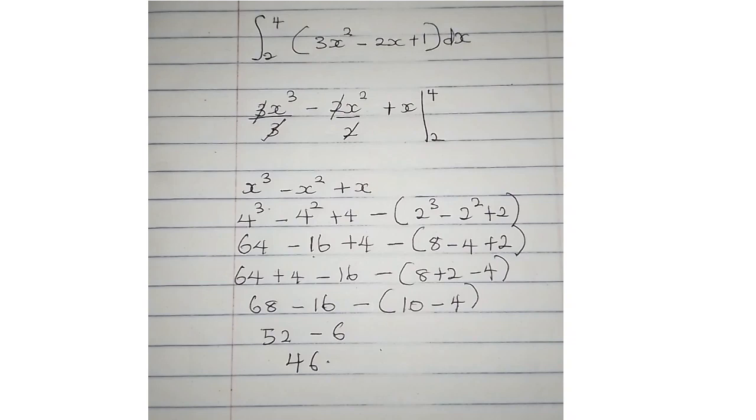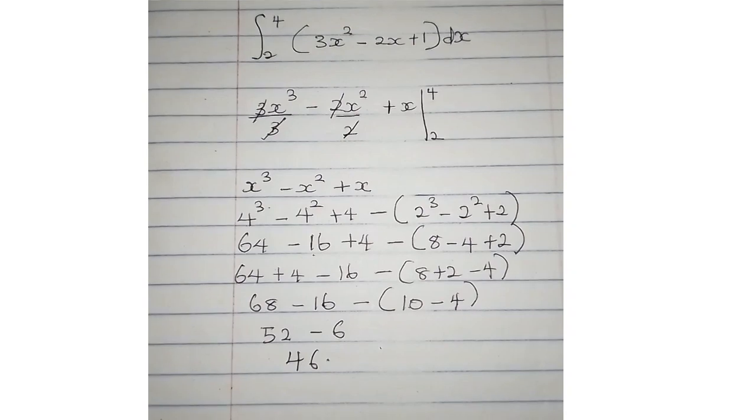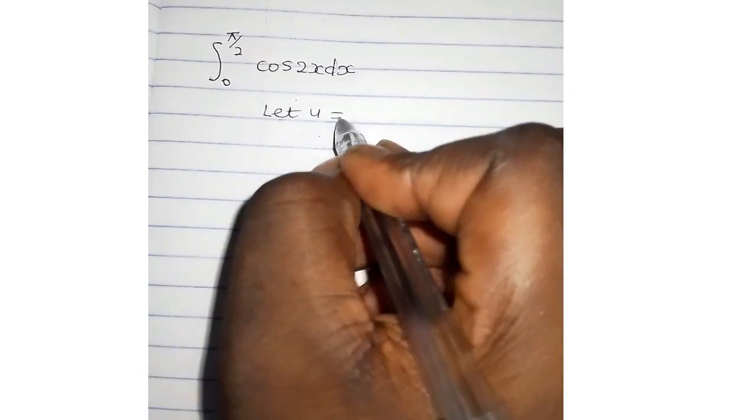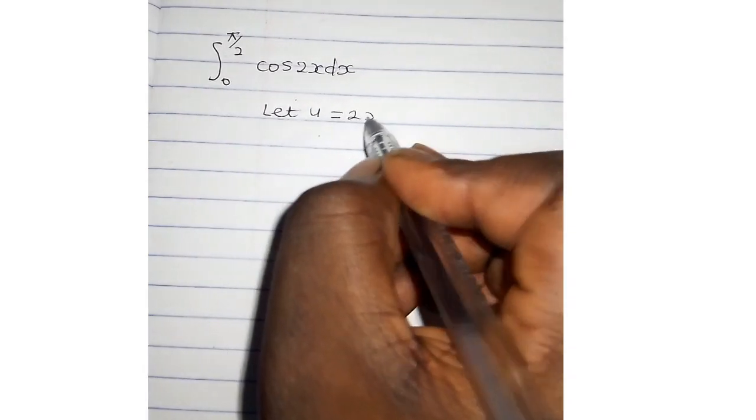Now we're going to take another example right away. Given this equation, we have to evaluate the integral. What we're going to do is apply the change of variable, which uses u substitution. So we say let u be equal to 2x.